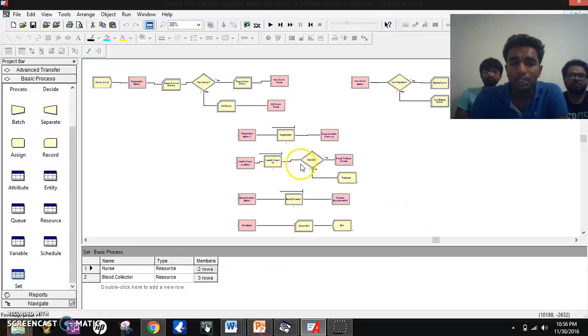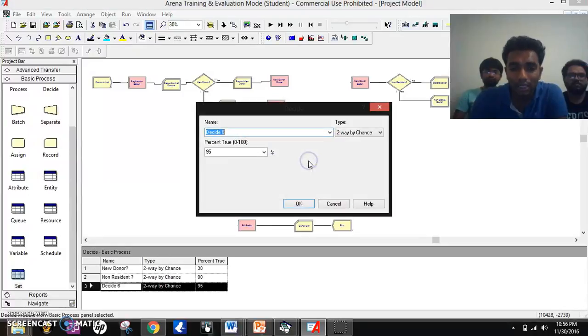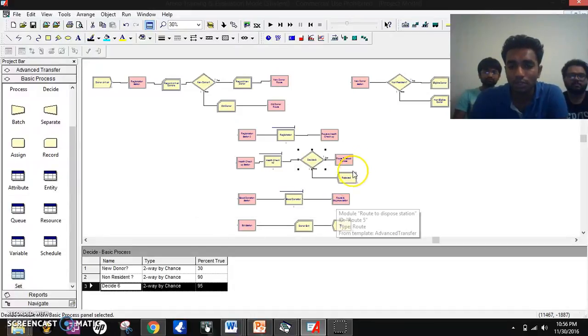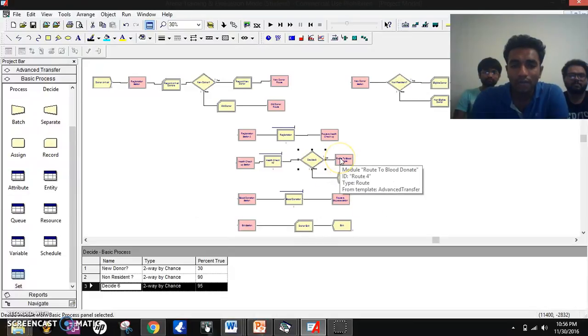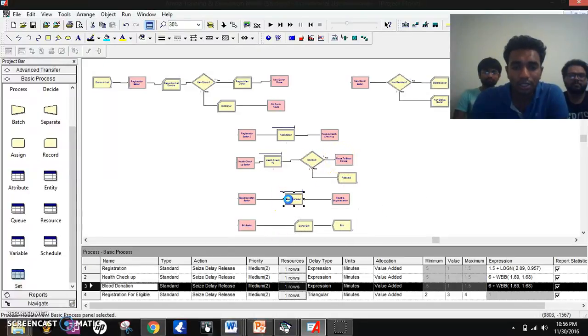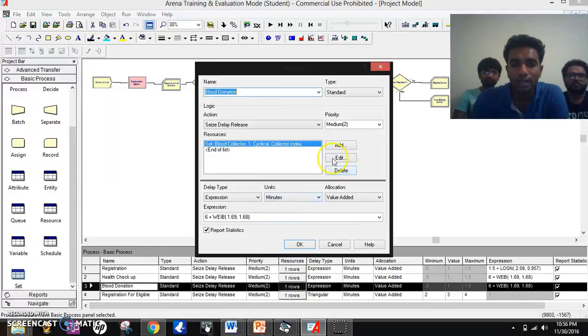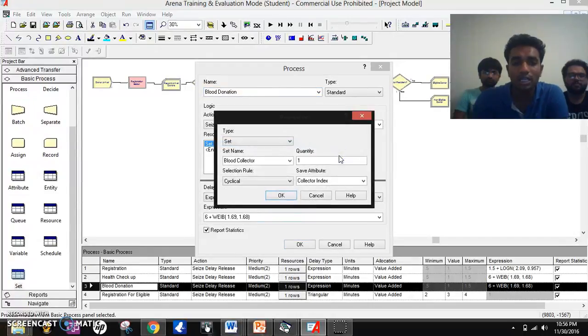After the health checkup, we decide whether the donor is eligible for blood donation or not. 95% of the donors are eligible for blood donation, and 5% are not eligible, so they are disposed from the system. The 95% come to the blood donation process, where we use one set of blood collectors.